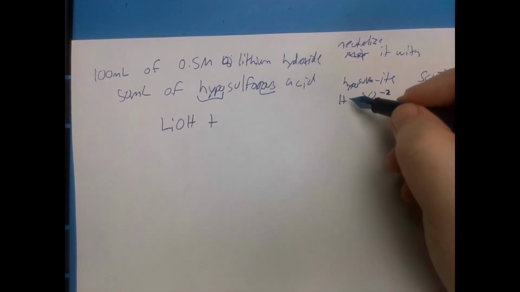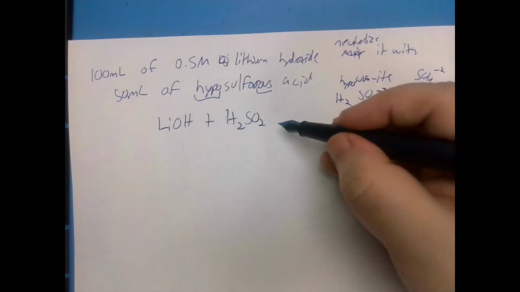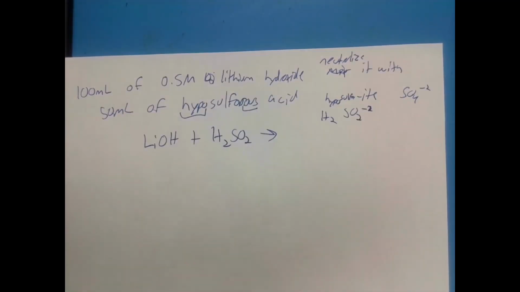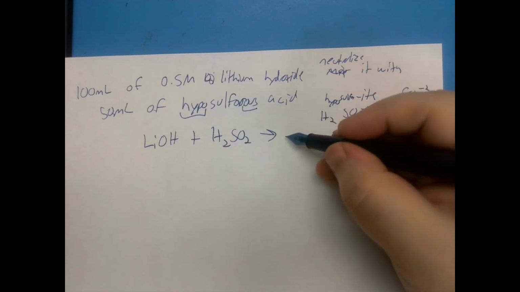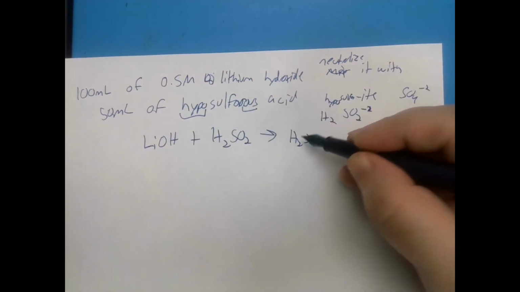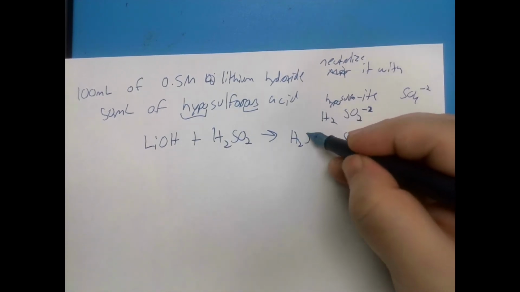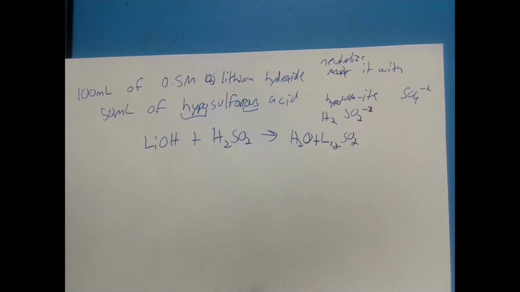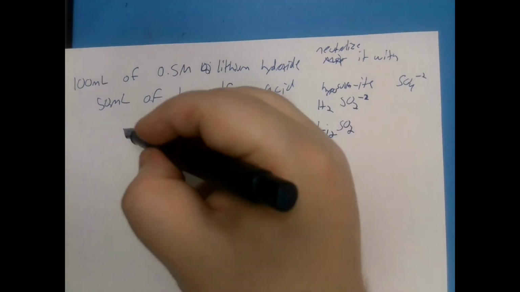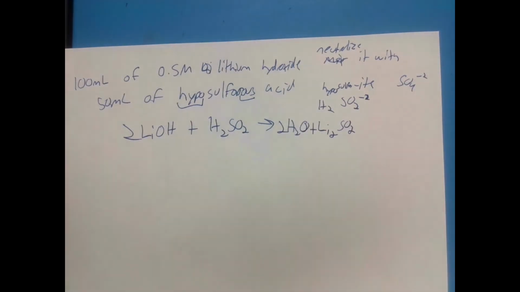And we have an H plus, so that would be H2SO2. And this makes the H with OH is water, and the Li with the SO2. We need to double this.